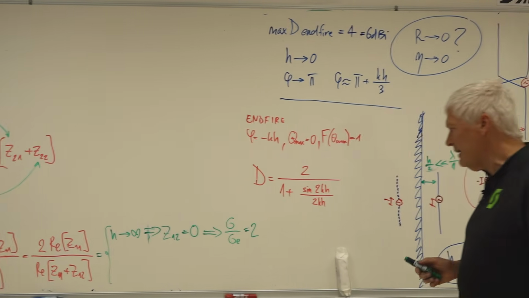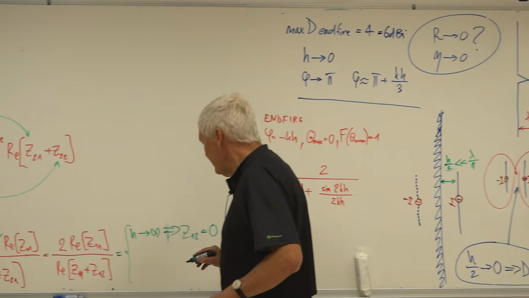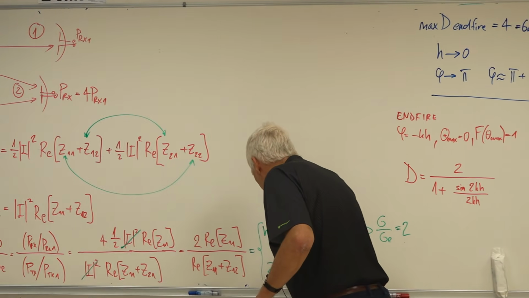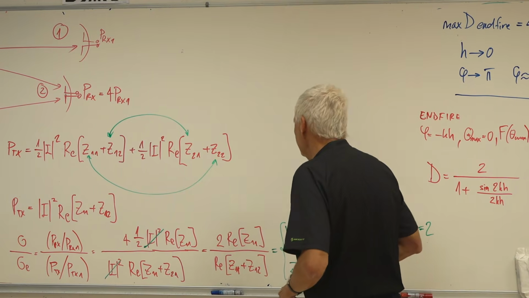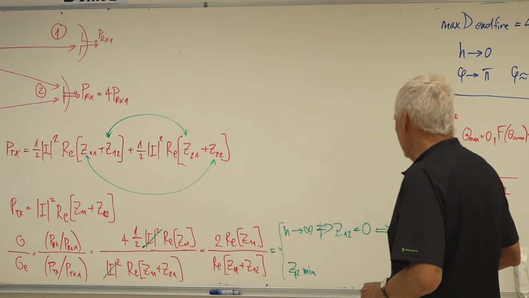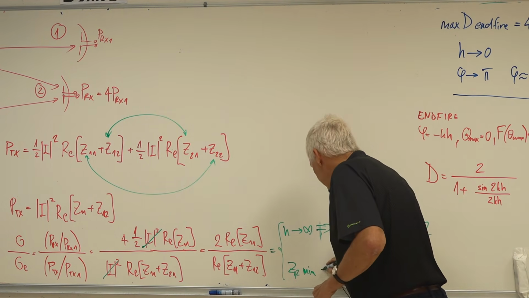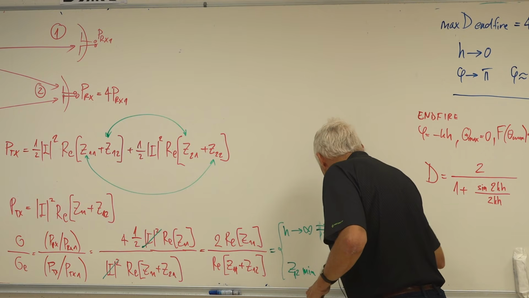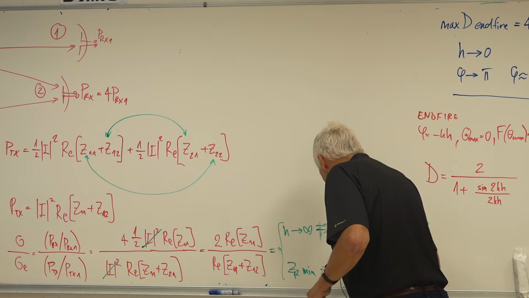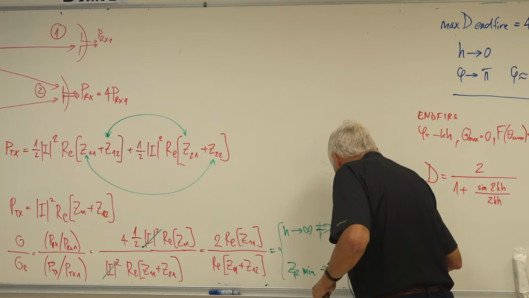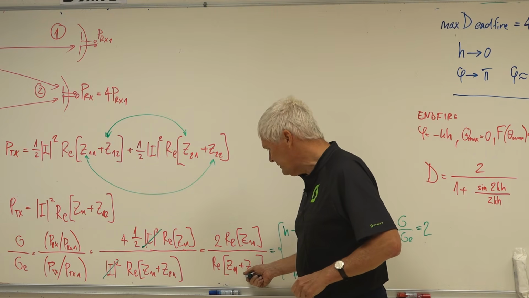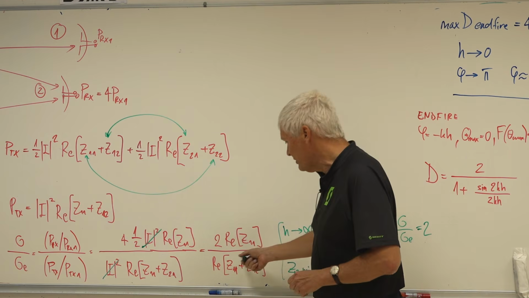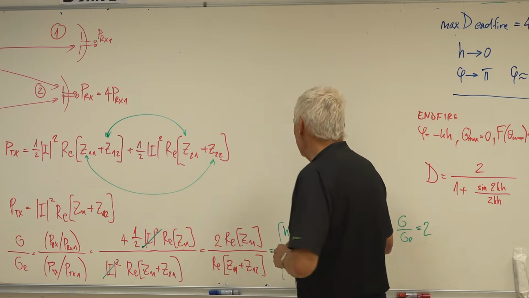But in the real case, what should I look at? I should look at Z12 minimum. Because Z12 minimum may give me this ratio, G over G element, larger than 2, because if the real part of Z12 is negative, this is actually going to be larger because the denominator is smaller.